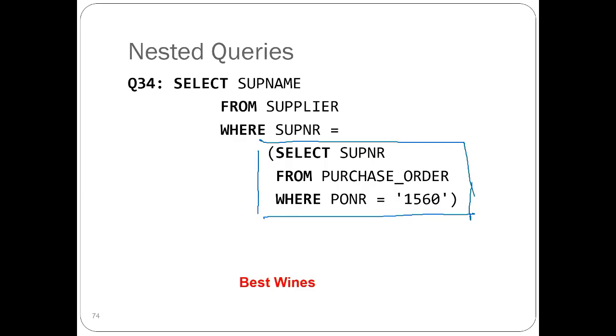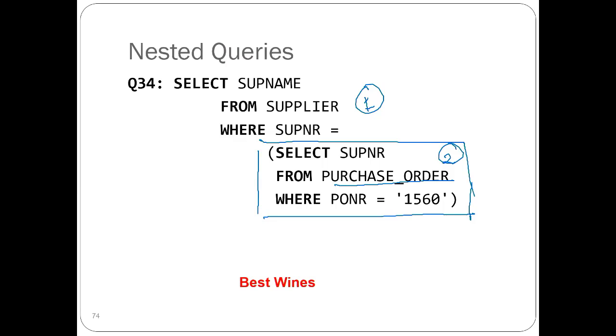So what do we have in the inner query? Let's resolve that first. We want to select supplier number from purchase order. Purchase order is a different table, right? So in this case, there are two tables involved. In the outer query, the table involved is the supplier table, and inside the inner query, the table which we mark as number 2 is the purchase order, right?